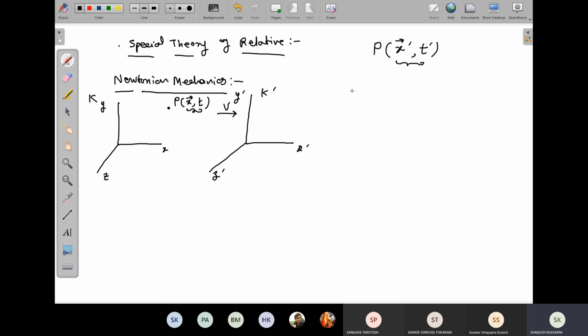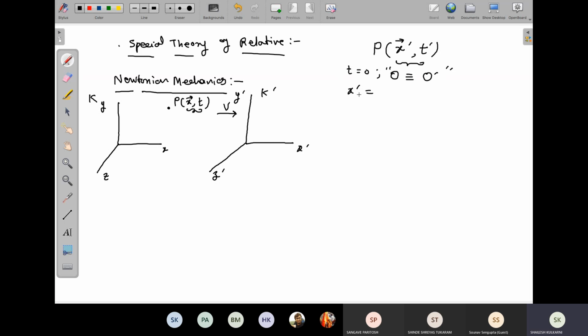Now by using elementary geometry, you can see that since this frame is moving towards the right with velocity v relative to this K, this x prime will be what? This is the velocity, so distance traveled. Suppose at time t equal to 0, the origin of K frame is the same as the origin of K prime frame. So O prime is the origin of K prime frame and O is the origin of K frame. Suppose at t equal to 0 they coincide, and then you start your clock.